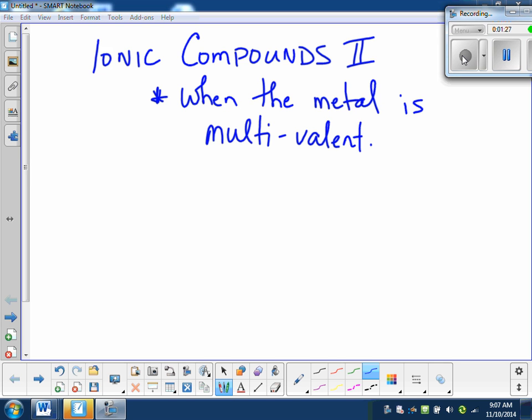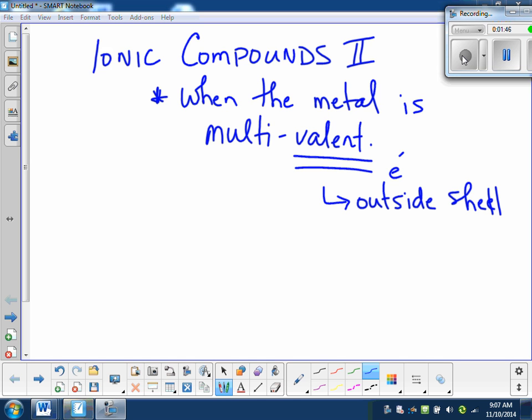So when the metal is multivalent, and what we mean by that, I hope you realize valent means outside, the outside shell, okay? The electrons in the outside shell.